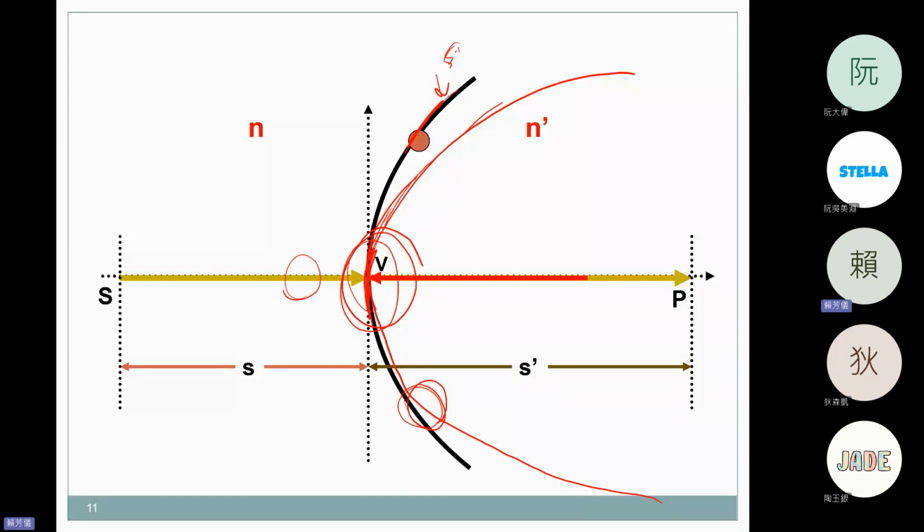Then later, in the following chapter, we will discuss this, because all of what we imagine here uses the small angle approximation.